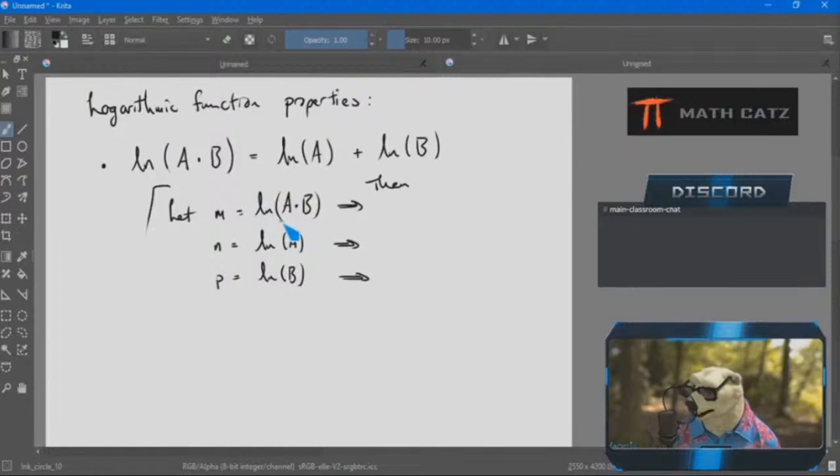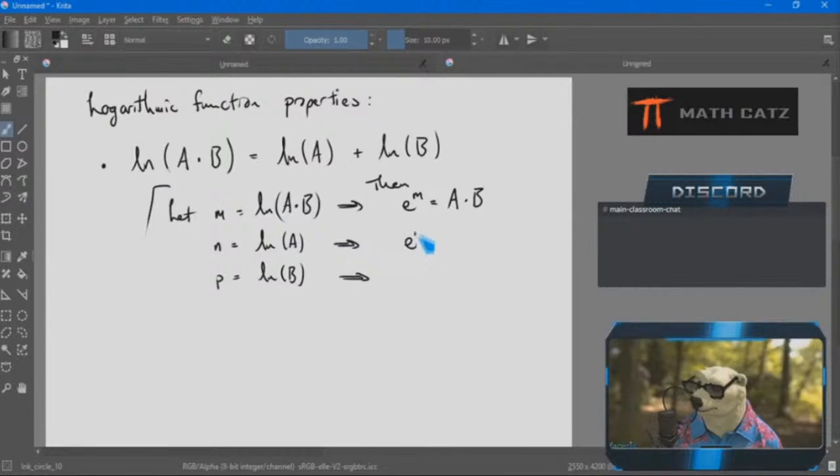Because this is a log equation, right? This is an equal sign. There's a log in it. So this would be translated as e to the m equals a times b. Because the answer to a log is the power of e that would get me the thing inside the bracket.